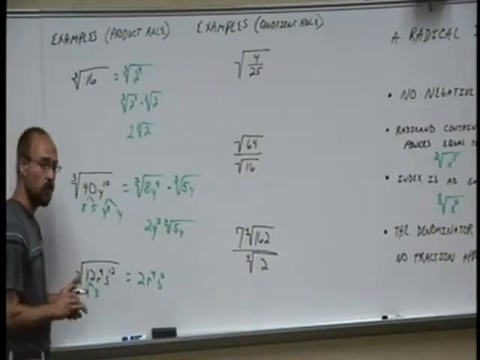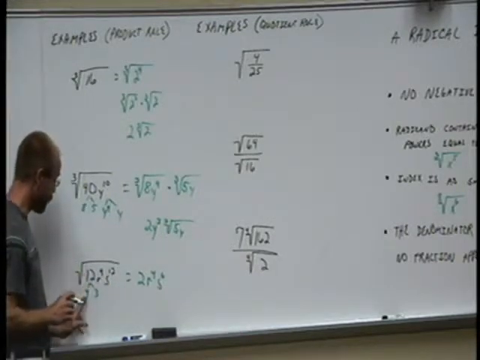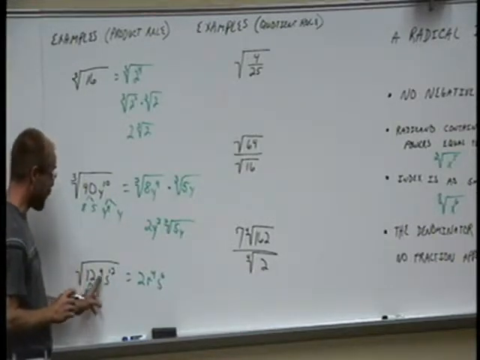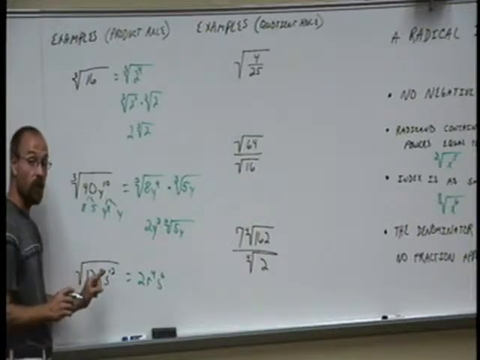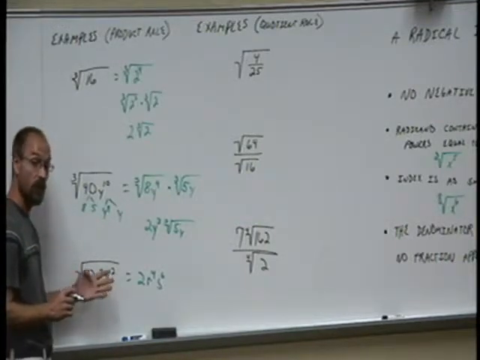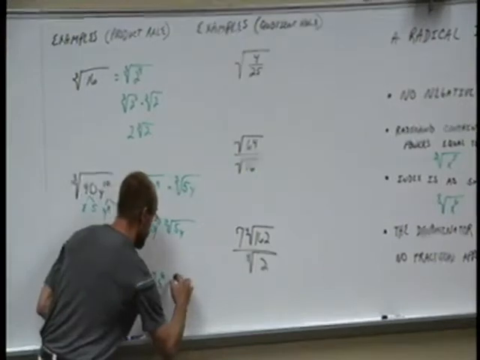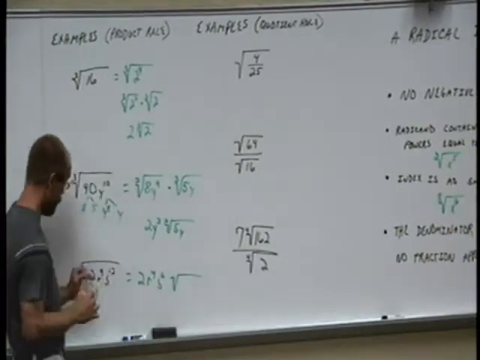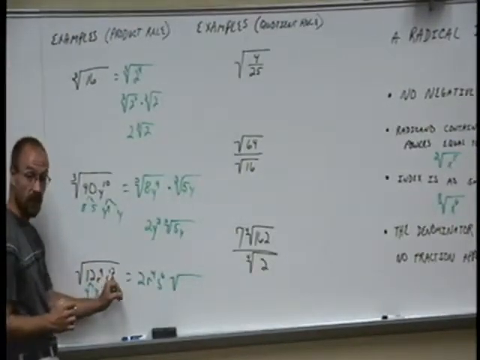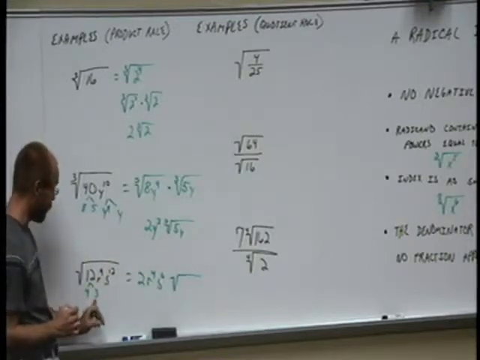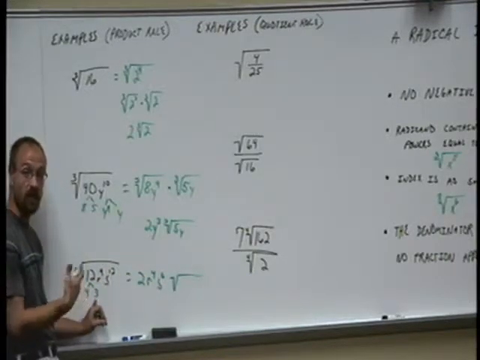So let's review what we did here. The square root of 4 is 2. The square root of r to the 9th is r to the 4th, because 2 goes into 9 4 times, with a remainder of 1. And 2 goes into 12 evenly, so there would be no remainder. So what remains? Well, I can't take the square root of 3 because that's an irrational number.